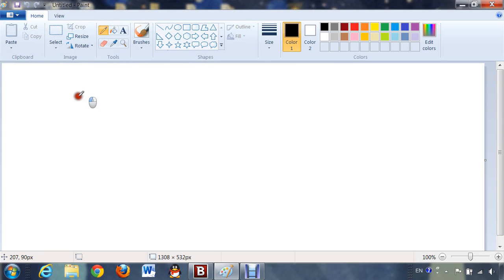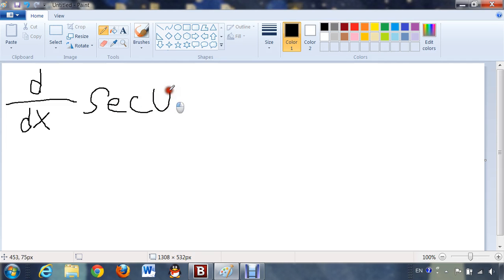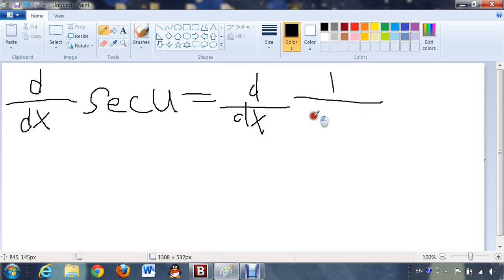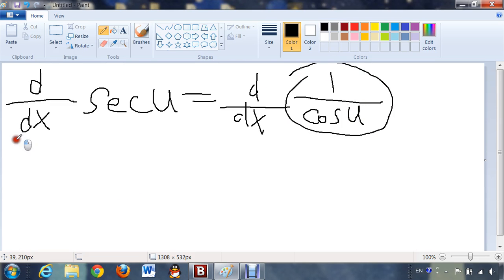And now let's derive another one, which will be, let's derive this secant, right? Secant something. And remember, secant can be written in the form of sine and cosine, but you can write it as 1 over cosine, right, of something. So just use a quotient rule on this one.